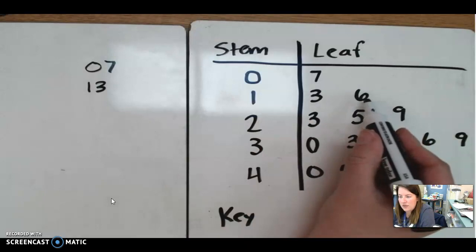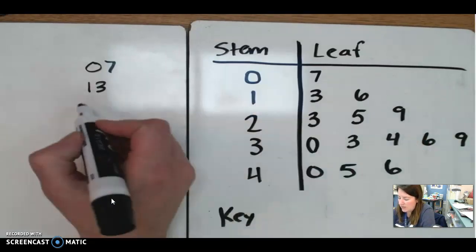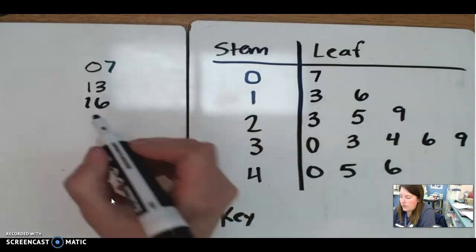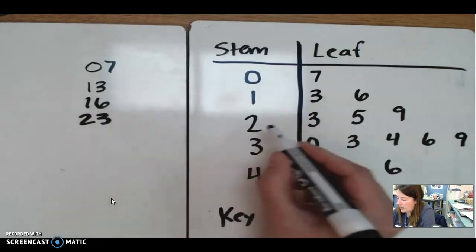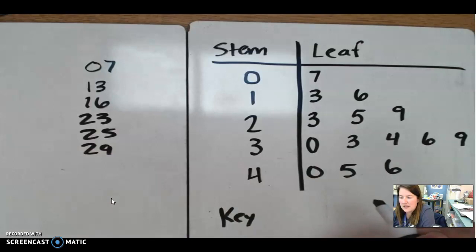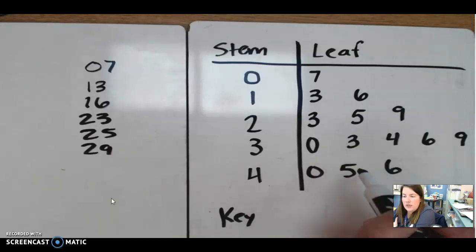Then this 6 over here, the 1 still in the tens place, a 6 in the ones place, that's a 16. 2, 3, 23, we have 25, 29. We've been practicing this for 3 days now, so we should be pretty comfortable with making and reading a stem and leaf chart.